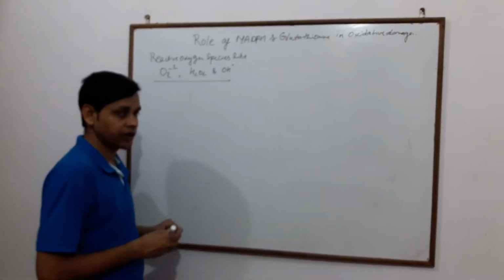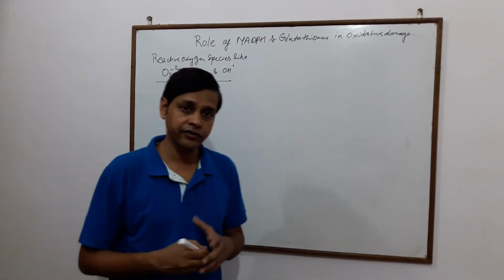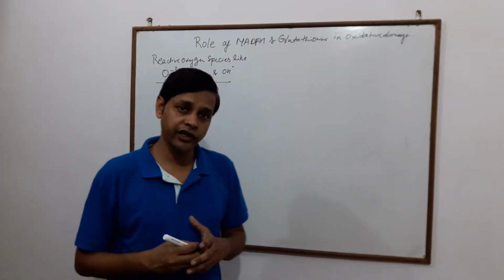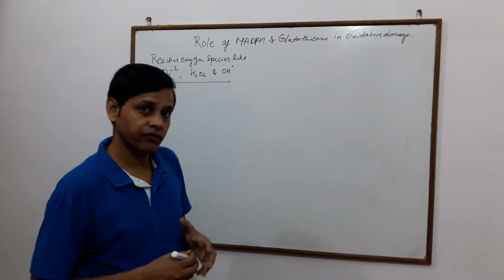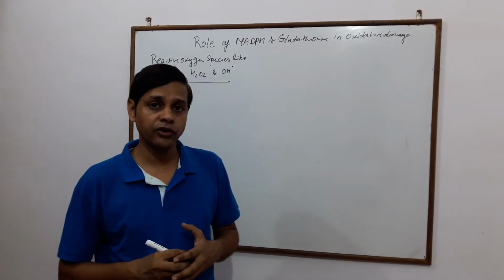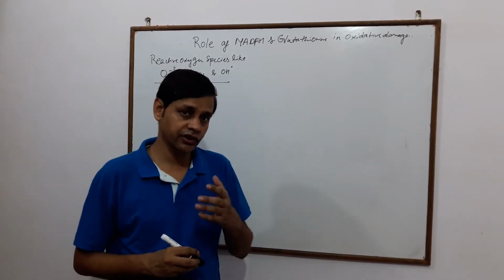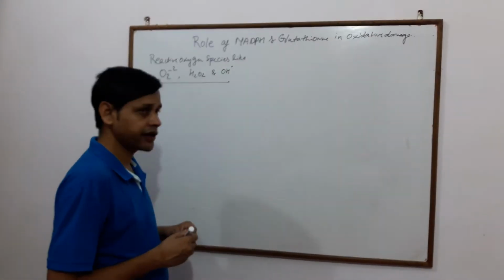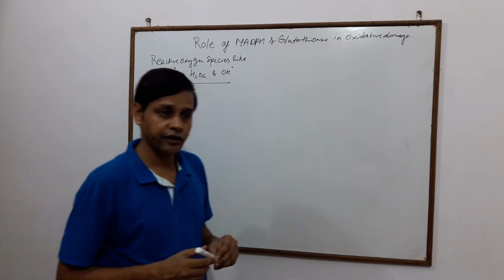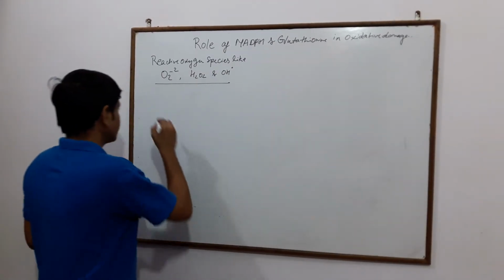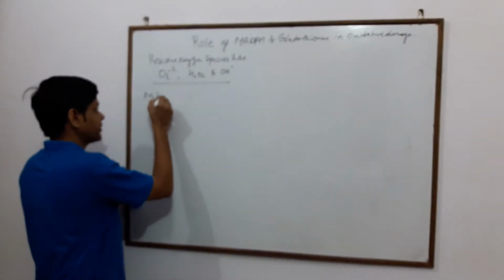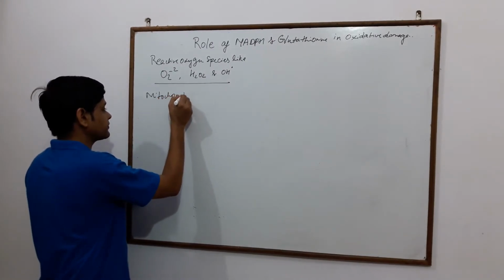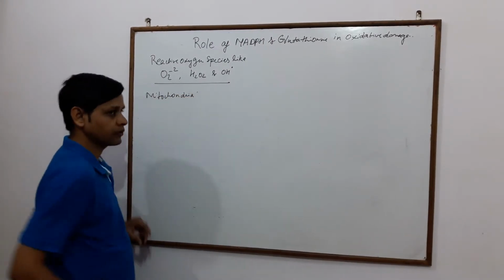But how are they generated, where are they generated, and what are the reasons responsible for their generation? There are three main factors. First, they are generated in mitochondria.